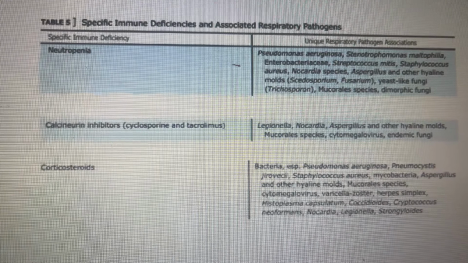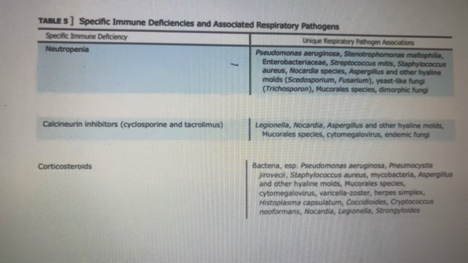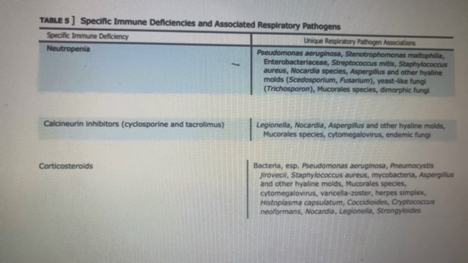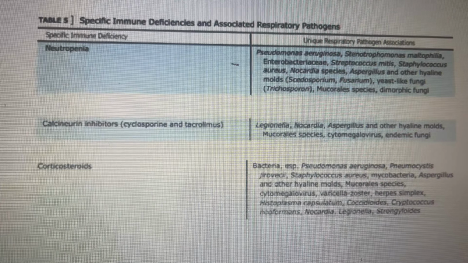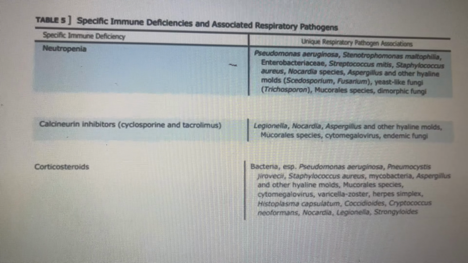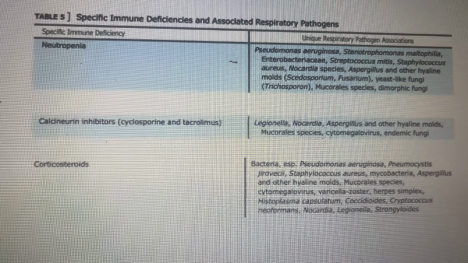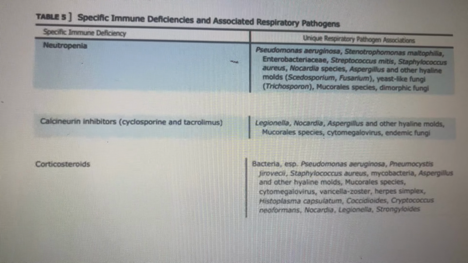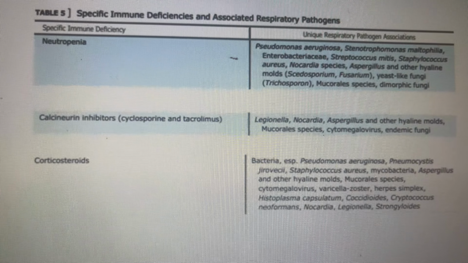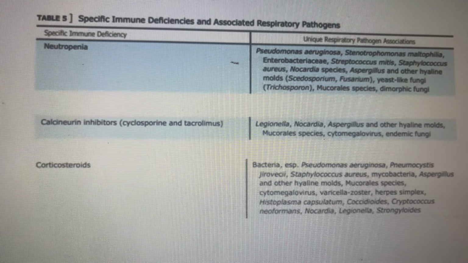In this case, we have to consider the pathogens like Pseudomonas, Stenotrophomonas maltophilia, Enterobacteria, and even with calcineurin inhibitors, if the patients are under cyclosporine or tacrolimus, then we have to consider the infection with Legionellas or even Aspergillus, and mycotic infections or even the viral infections. We have to cover all these kinds of pathogens if we are beginning a therapy.